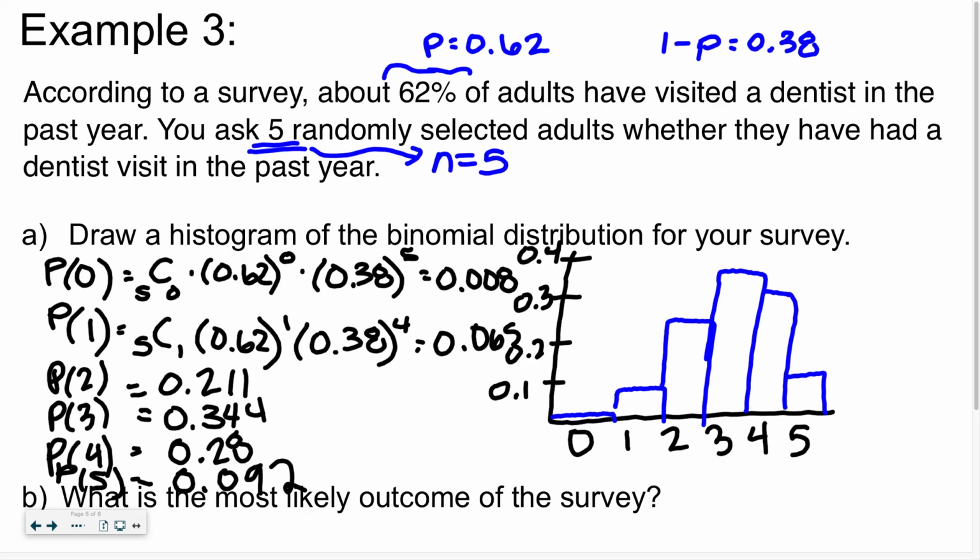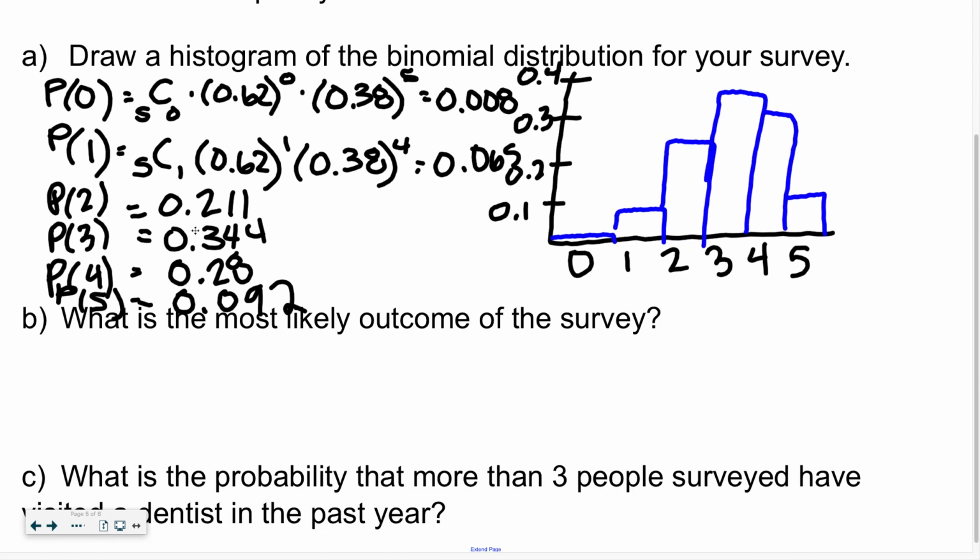So it makes sense that the higher numbers have better successes. Can you answer the question for B? What's the most likely outcome? 3 people went to the dentist in the last year.